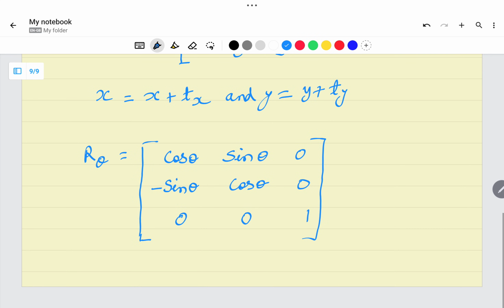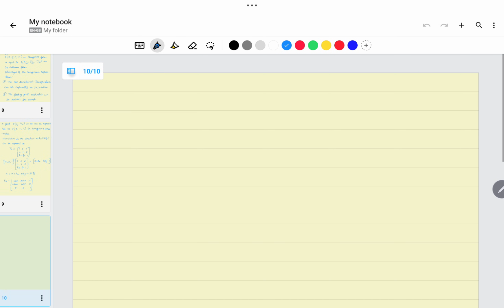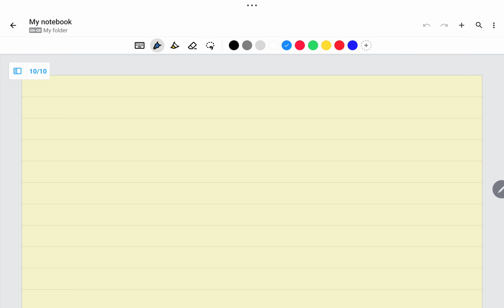Now let us apply this rotation transformation to the homogeneous coordinate of a point P. P dash is equal to R theta P. Therefore, the homogeneous coordinate form for point P is x, y, 1.